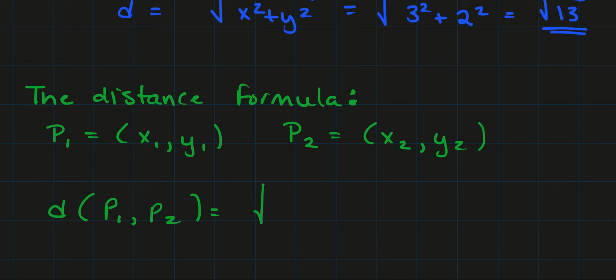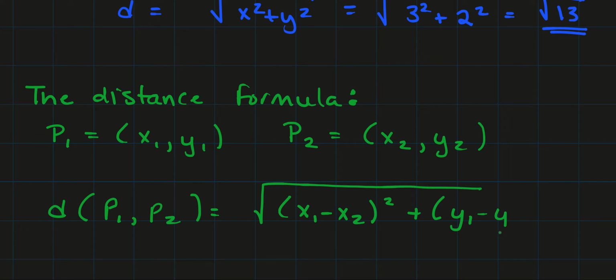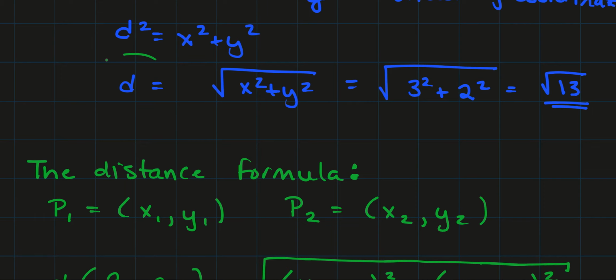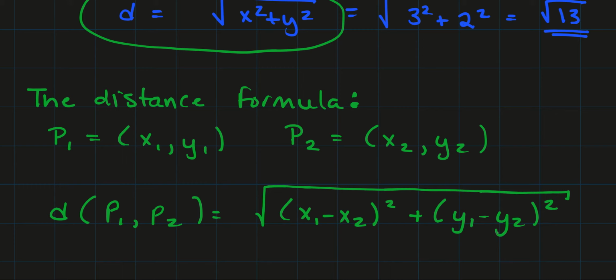This is going to be the square root. What you're going to do is subtract the x coordinates and square them, and then subtract the y coordinates and square them. Again, it doesn't matter how you subtract these two, or these. So whichever points you have, you can label either one of them P1 or P2. And you can see this is derived from the Pythagorean theorem, because you have exactly what we have here. And how we found this x and this y was we subtracted the x coordinates and the y coordinates.